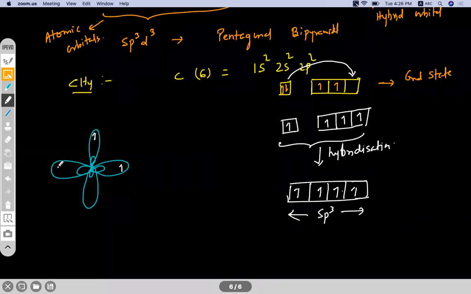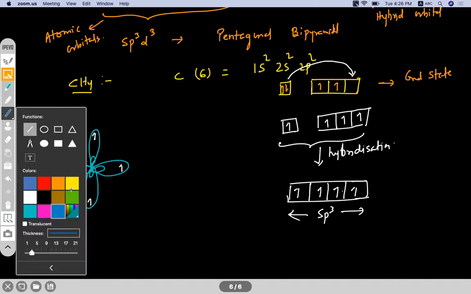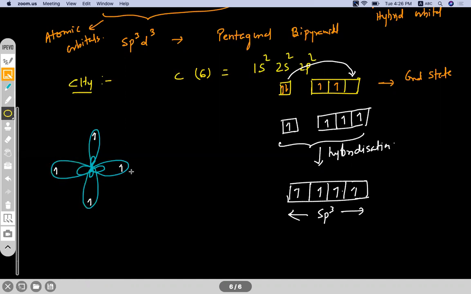Now with this 1 electron, the s orbital of hydrogen overlaps and makes a bond.